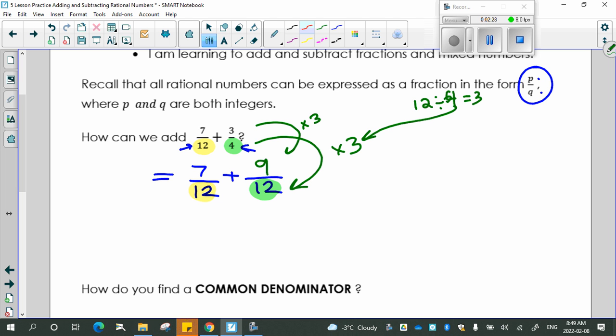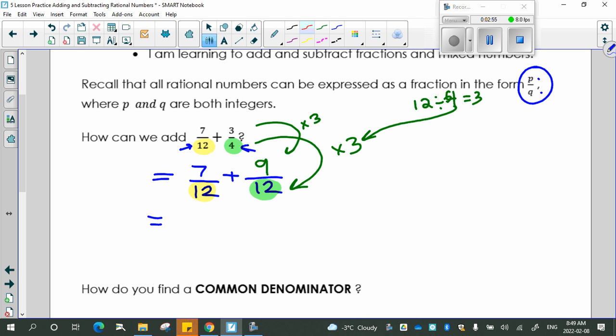Now do 9 divided by 12 and see what you get. 0.75. So that's a way to check. Once you've got your common denominator step, that's a good way to check that you've adjusted the numerator properly. Everyone see that that's a good way to check? Make sure you got the right number up here.